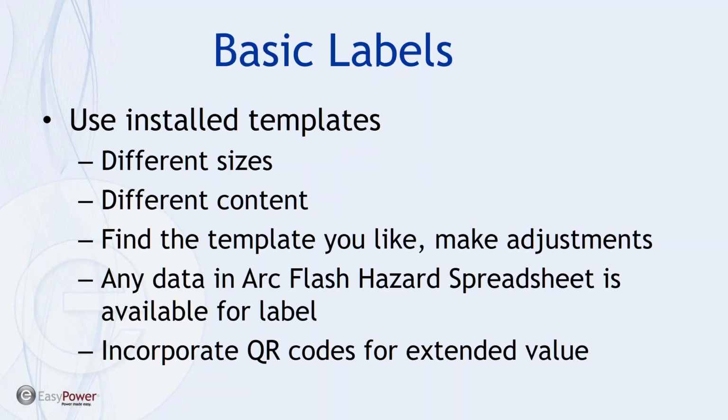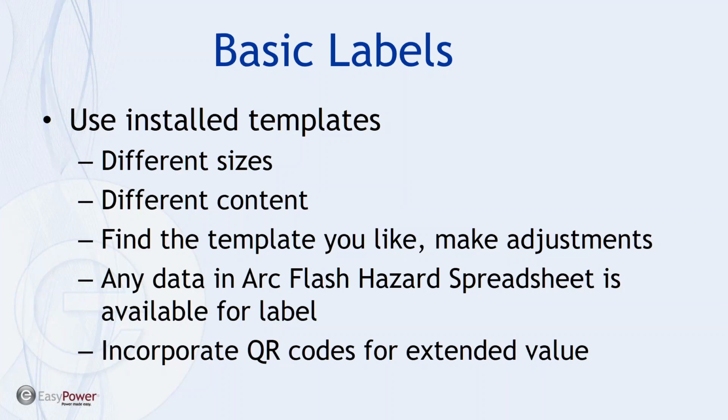Within the EasyPower installation, there's somewhere between 15 and 20 different templates installed, and they vary mainly by the size and in some cases different content. And so the process that's used to customize is to find the template you want, start making adjustments, and save that modified template file with a different name so you're not contaminating the basic templates.